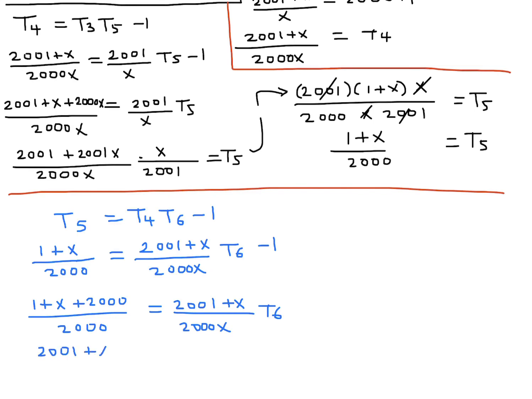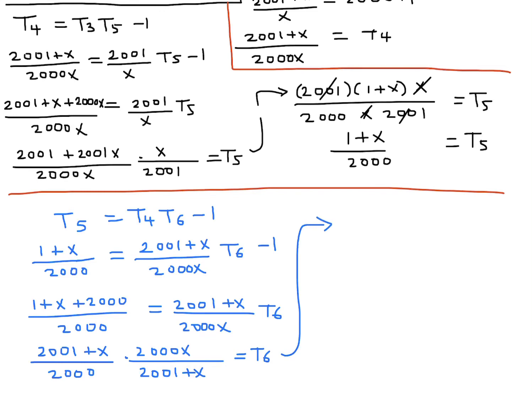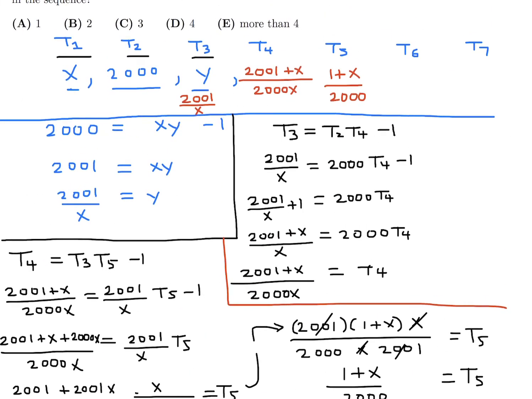So we've got 2001 plus x over 2000 times, cross multiply, 2000x over 2001 plus x is equal to T6. And looks like that, oh, this is great. This actually simplifies to just x. All right, great. So I am going to get a pattern.